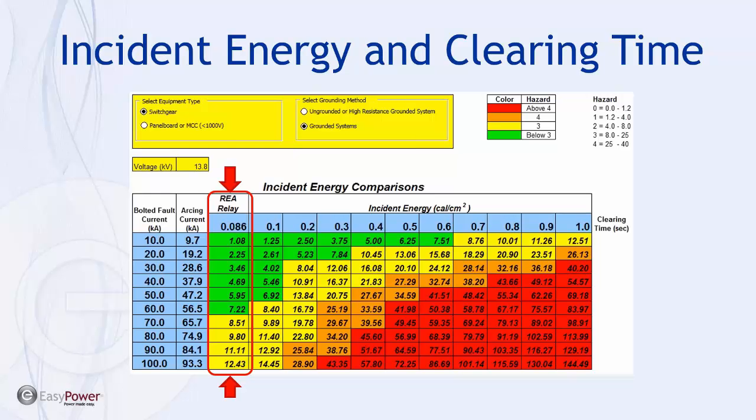You can see here that the REA relay operates very quick, and you need a very large magnitude of fault current before you're even in category 3. So very effective. The Relion is also very fast, and it's just probably in the range, just a little bit out of range of the first column.